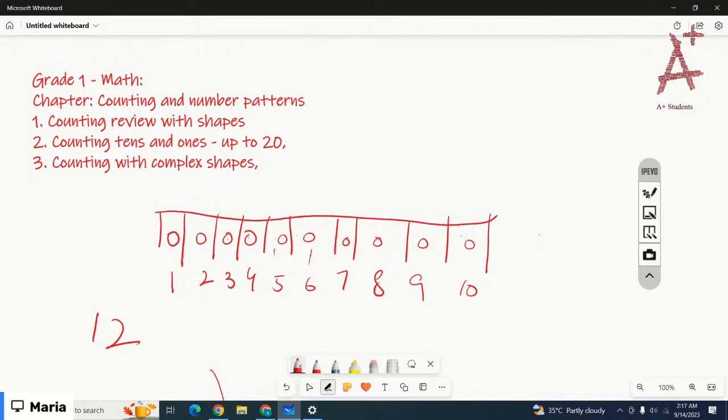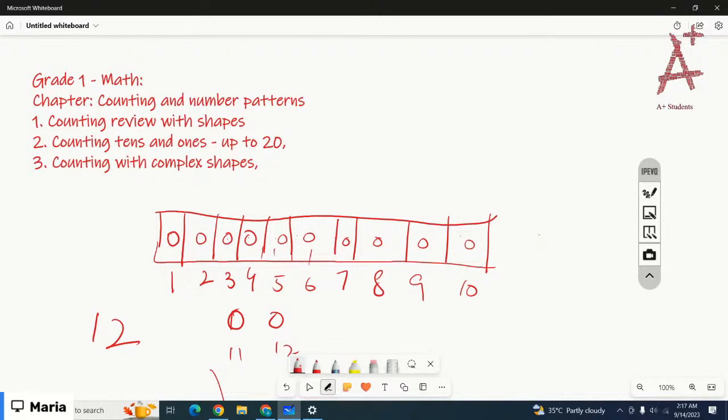This is a frame of 10, right? You have 10 dots here and then you have two other dots, right? So together they make 12 dots, right? They are 11 and 12. You have to see how many tens and how many ones do we have in the number 12, right?